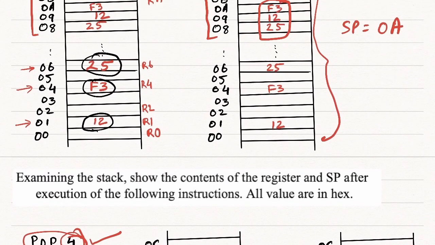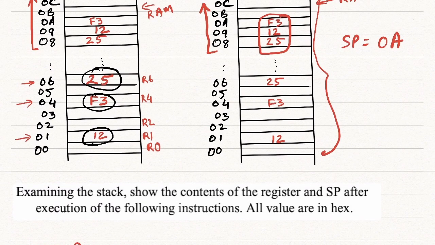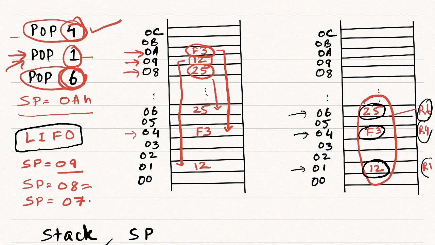It was earlier 12, F3, and 25 as well. The same thing has been retrieved here, and the data is temporarily saved and retrieved back after the push and pop instructions.